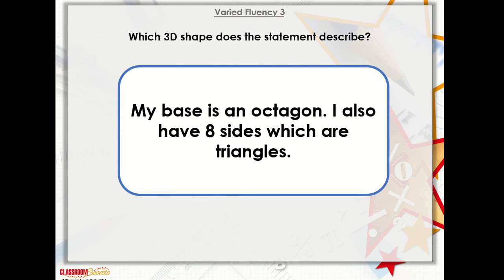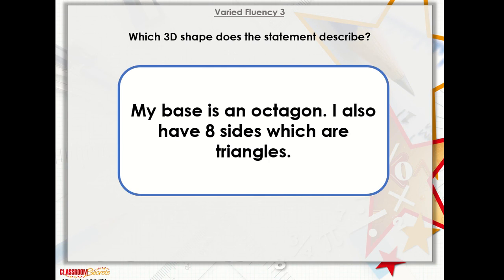Which 3D shape does the statement describe? My base is an octagon. I also have 8 sides, which are triangles. Now, remember what I said earlier. If a shape has triangles on it, then it is some kind of pyramid, possibly. This has got a base as an octagon.